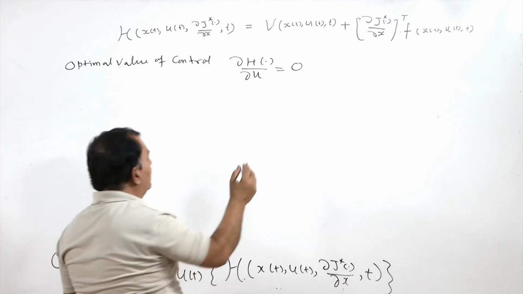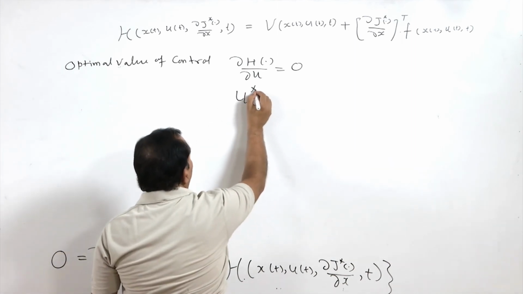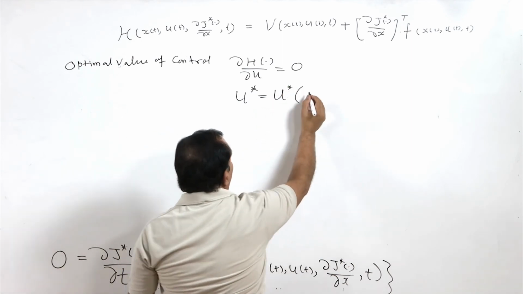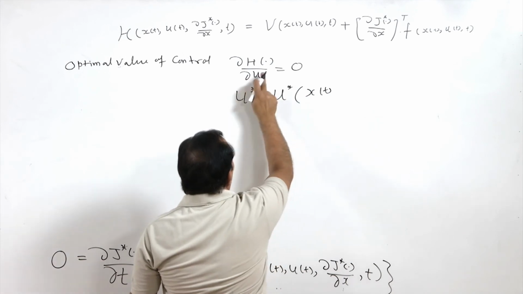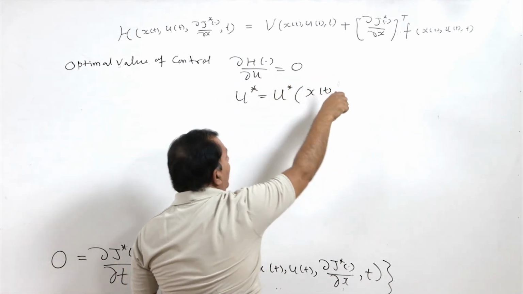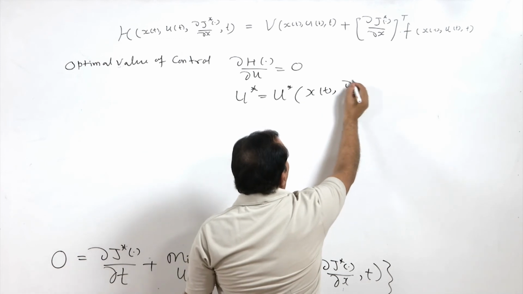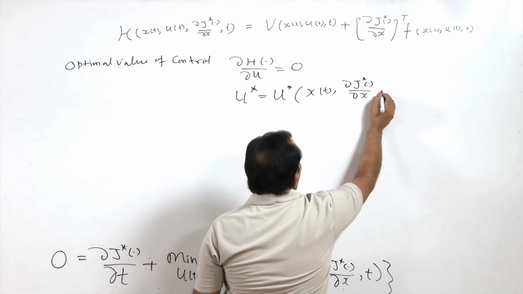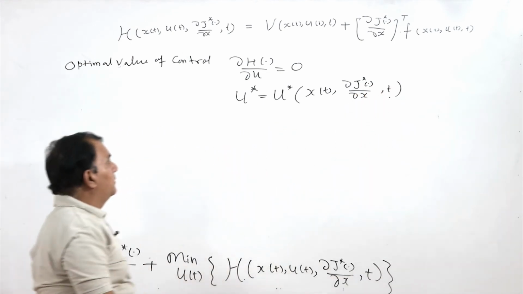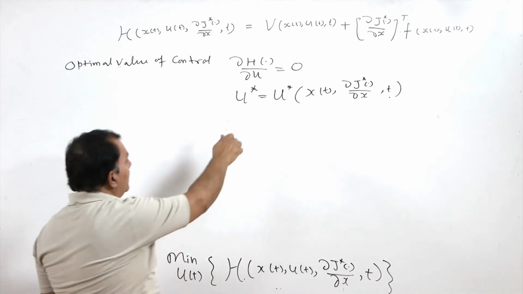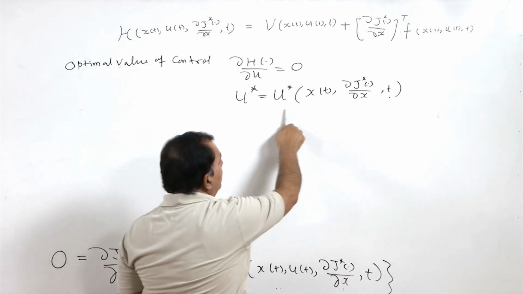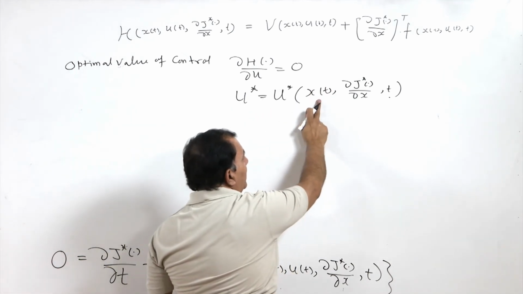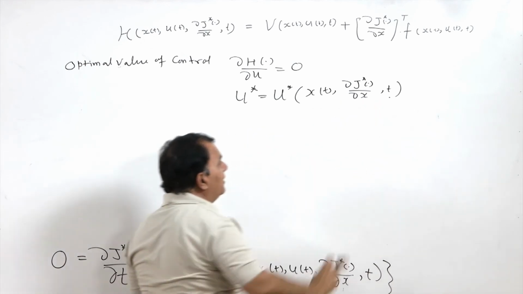If we apply this, it gives me the optimal control u star, where u star will be a function of x, t, because we are determining u in terms of x, del j by del x and t. So naturally this optimal u is independent of the u term, because u is still determined in terms of the x, del j by del x and t form.